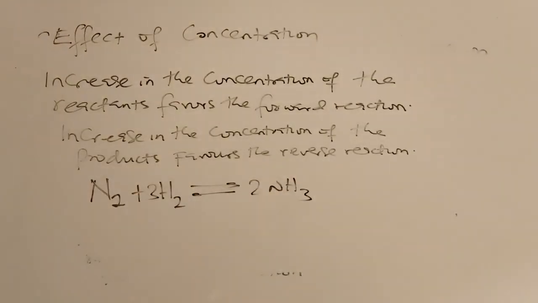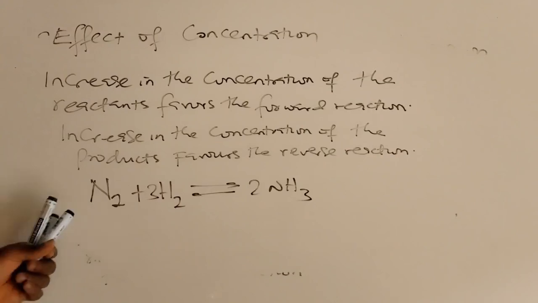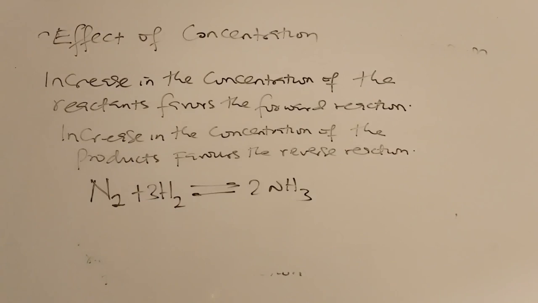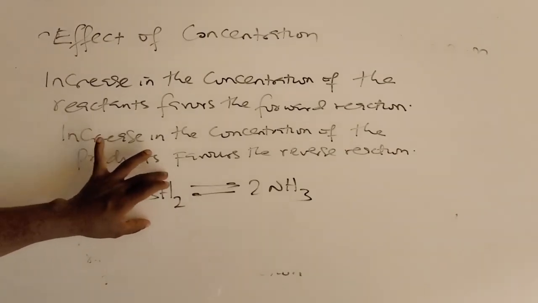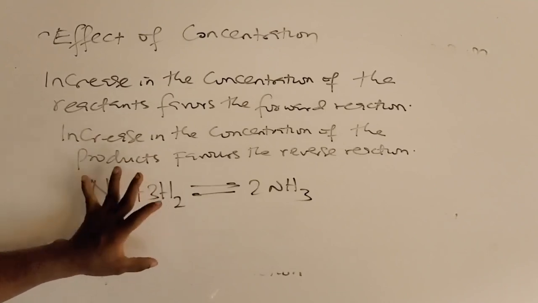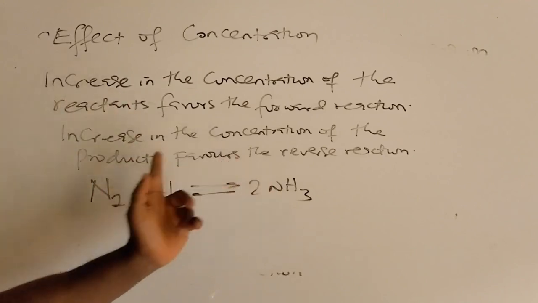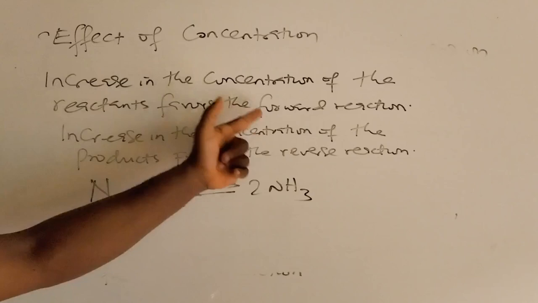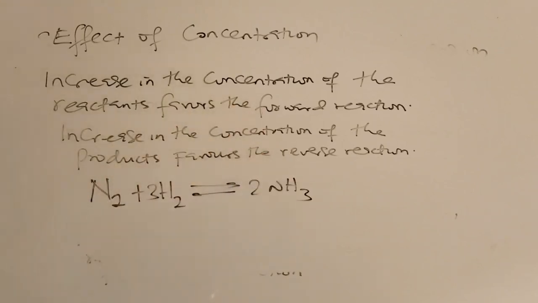To increase the concentration of the reactant, or any of them, means to add, and we can do it in different ways. We can add more of the reactants, more nitrogen or more hydrogen or more of the two, making this side larger than this side. That will favor the forward reaction, so we can produce more ammonia to balance the offset.